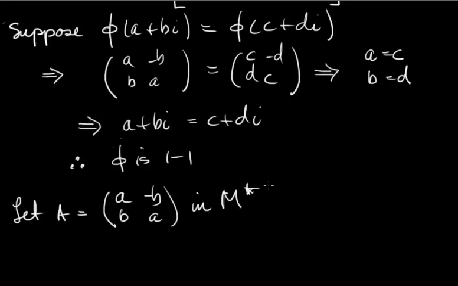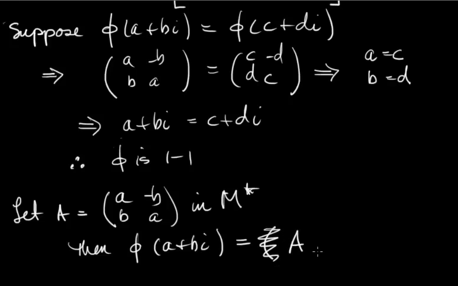Well, clearly, then, phi of a plus bi is what gives us that matrix under the mapping. Here, I'll just put equals A. Therefore, phi is onto. And we can say that M star is isomorphic to C star.